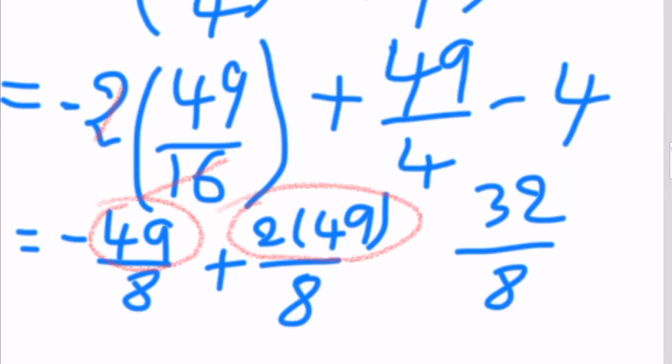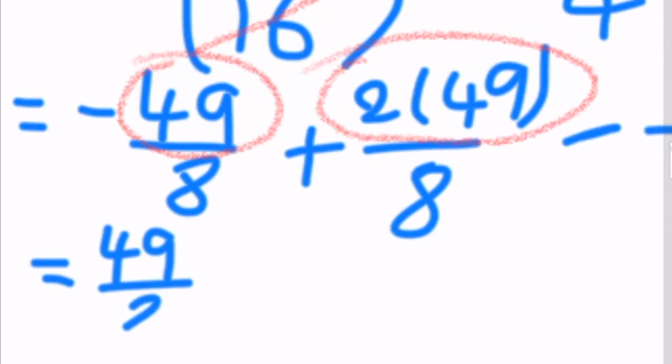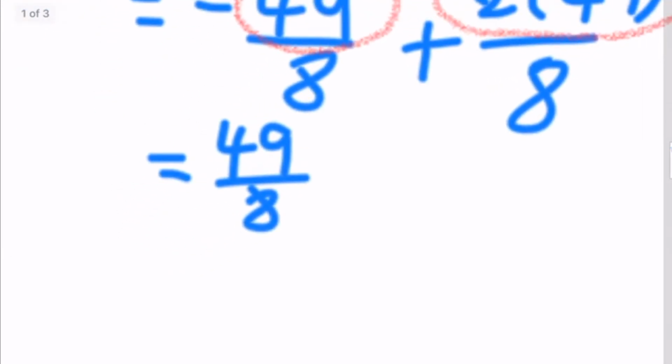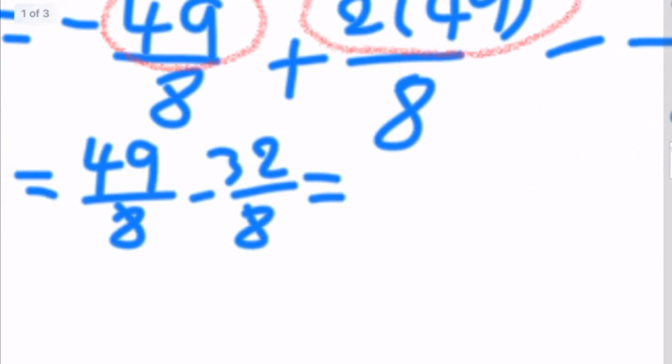Actually it's not plus, it's minus. Then simplify this. You have twice 49 and minus 49, you get only 49. So it equals 49 over 8 minus 32 over 8, so this simplifies to 17.